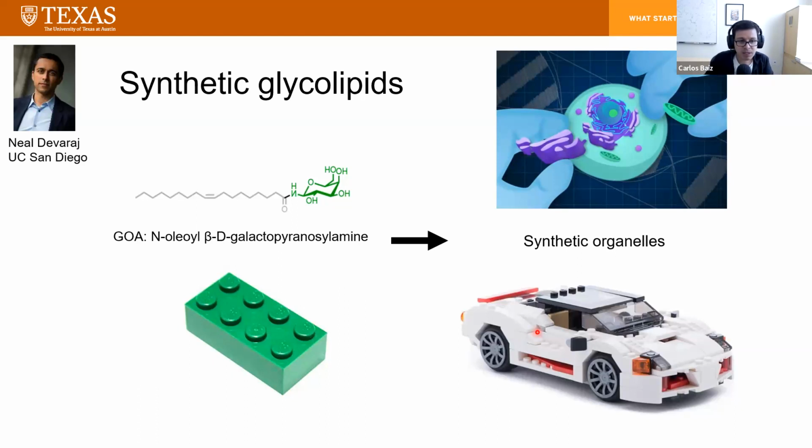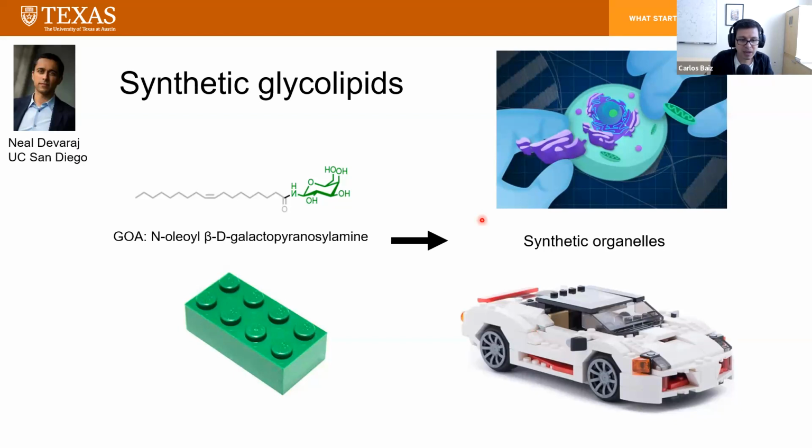As I mentioned at the beginning, this is a collaboration with the Devaraj group at UC San Diego. And the idea here is, can we use purely synthetic lipids that don't exist in nature to be able to control the morphology of the organelles, right?